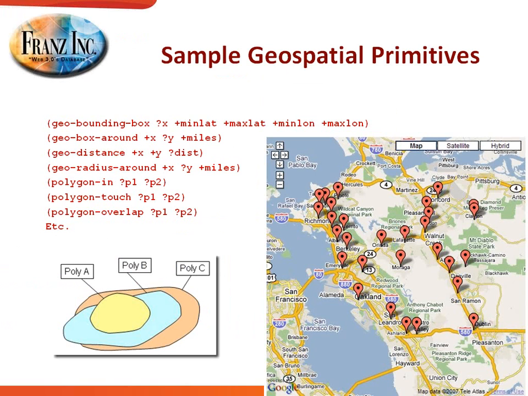We also have a lot of low-level predicates for this. But for example, one would be find every x that is in the bounding box between min-lat and max-lat and min-lon and max-lon, or find all the y that is within n miles distance of a particular x. And I'll show that in a little while in my tutorial.